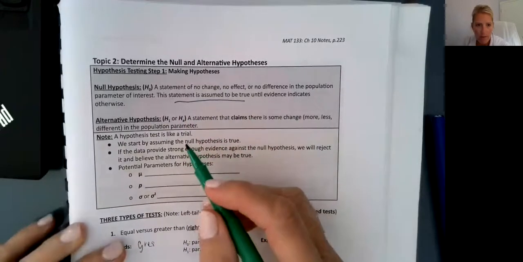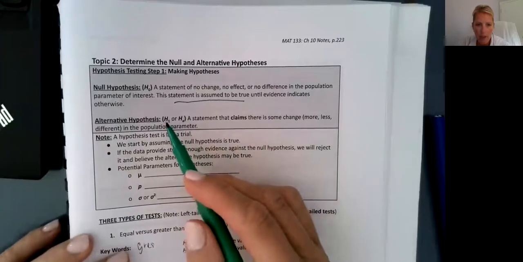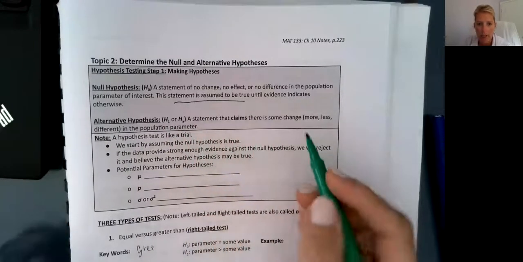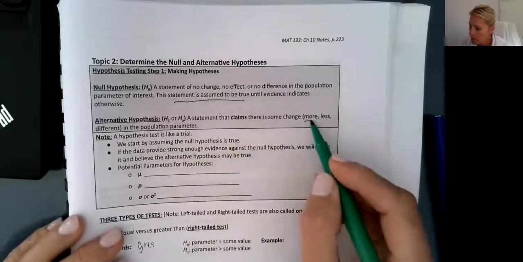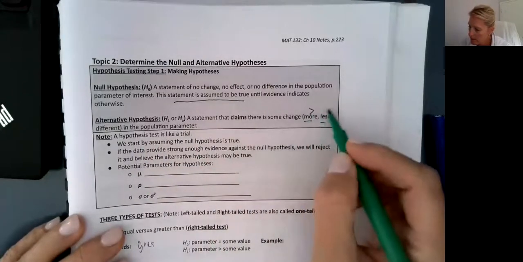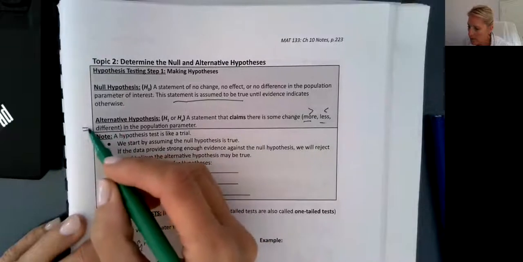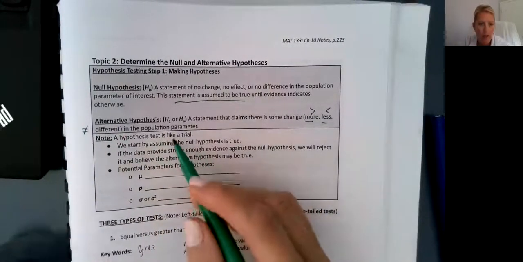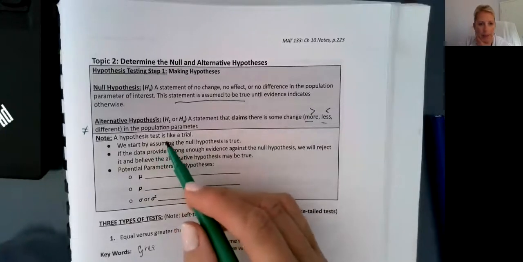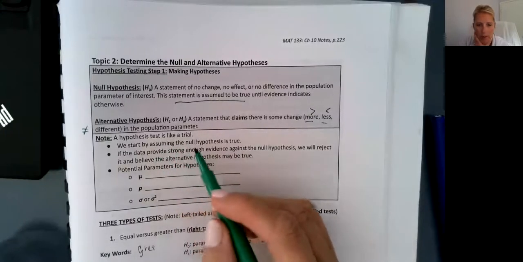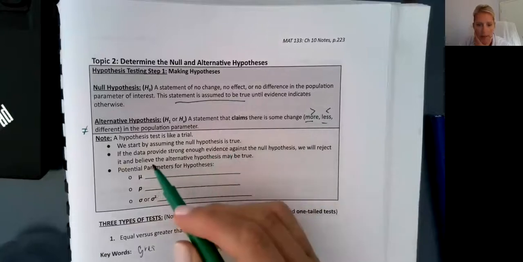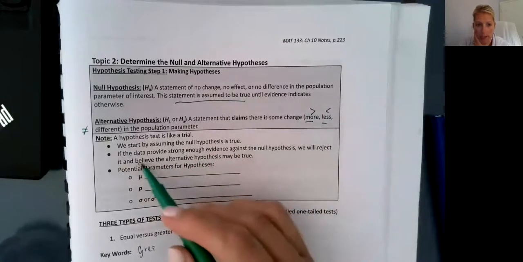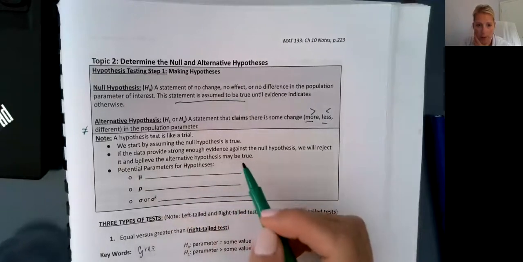The alternative hypothesis, we call that H1 or HA. It's a statement that claims there is some change. Sometimes it's more we're proving, or less, or different in the population parameter. A few notes here. A hypothesis test is like a trial. We start by assuming the null hypothesis is true. If the data provides strong enough evidence against the null hypothesis, we will reject it and believe the alternative hypothesis may be true.